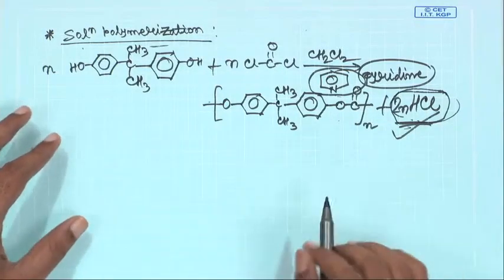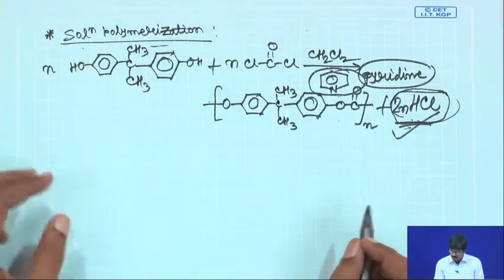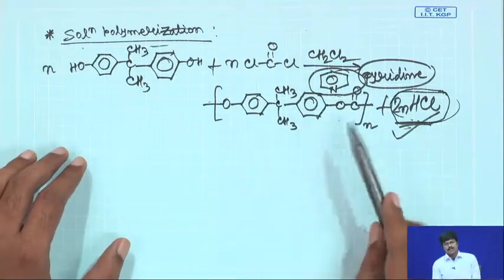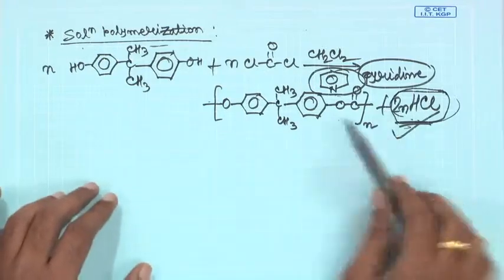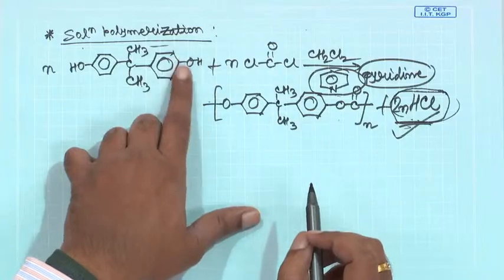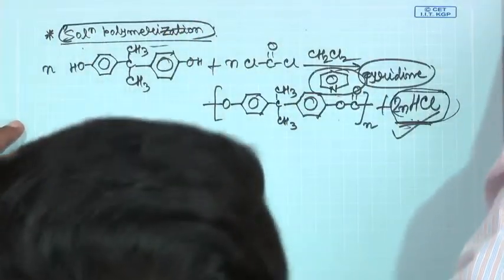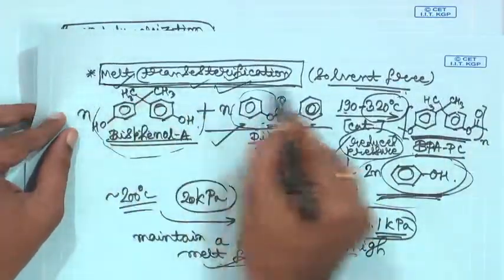So, some general comments I would like to make when you are comparing your solution polymerization with interfacial polycondensation. Industrially the interfacial polymerization is more prevalent because it is also economic and you have an easier control of molecular weight. However, this melt transesterification has, so either you have say solution polymerization, which is very similar to your interfacial polycondensation we have talked about, or we have melt transesterification.